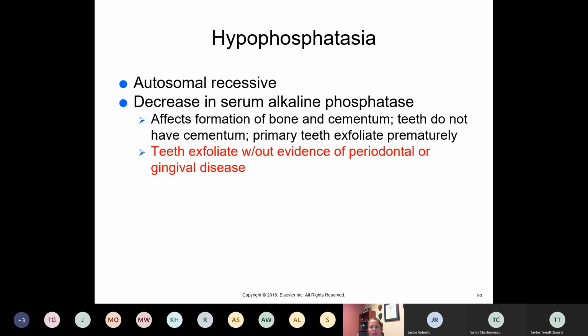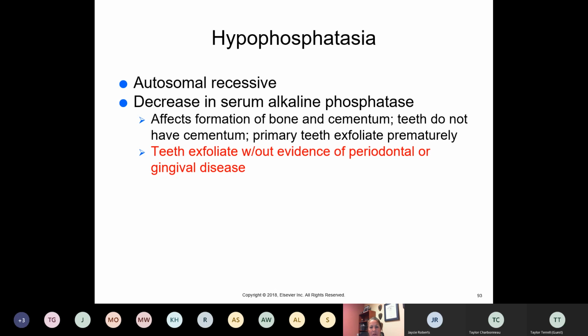Hypophosphatasia is a decrease in your alkaline phosphatase in our blood. And we've talked about how important phosphates are for remineralization of teeth and bone. So the effects from this condition, hypo meaning low phosphatase, affects the formation of our bone and cementum. Teeth do not have cementum.